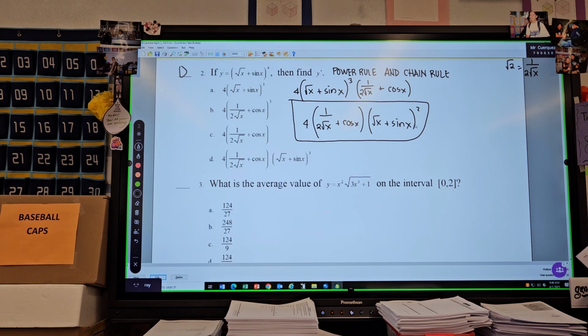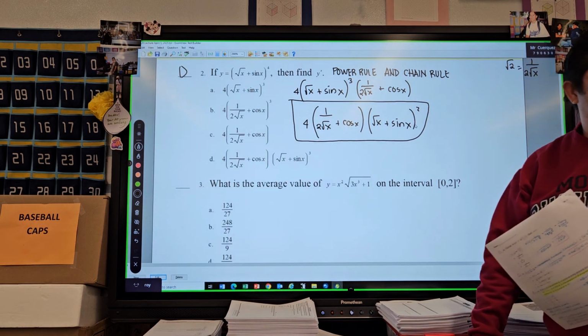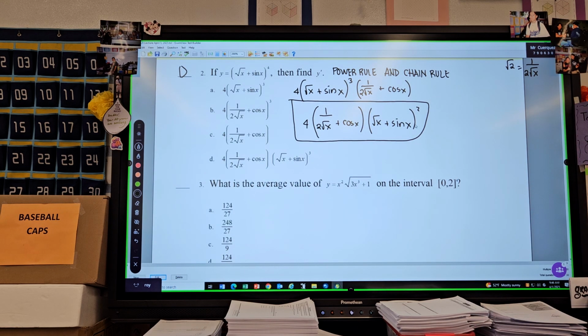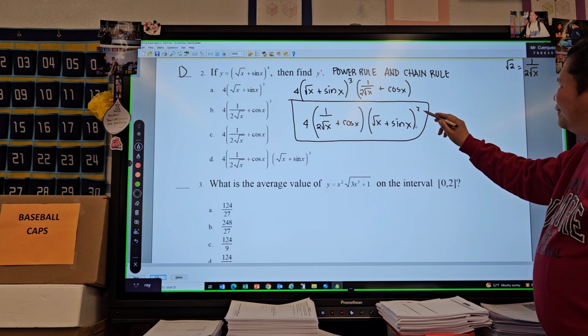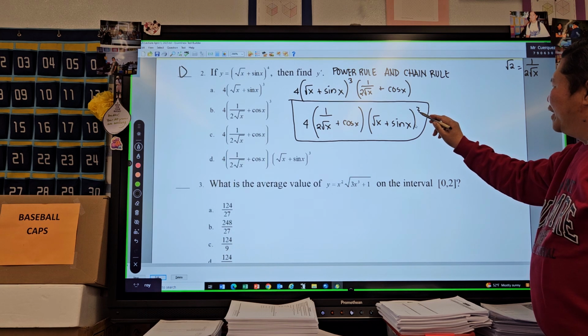Okay, I'll give you a minute to copy this. Guys, this is 3. It looks like letter Z, but it's 3.